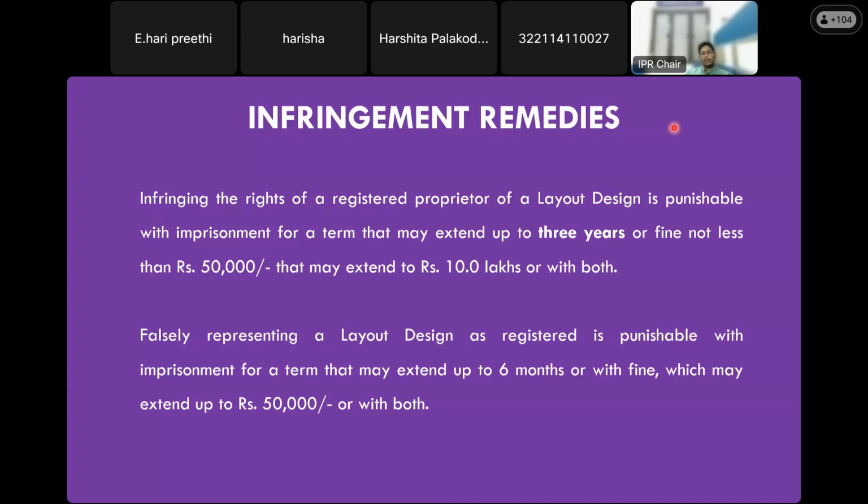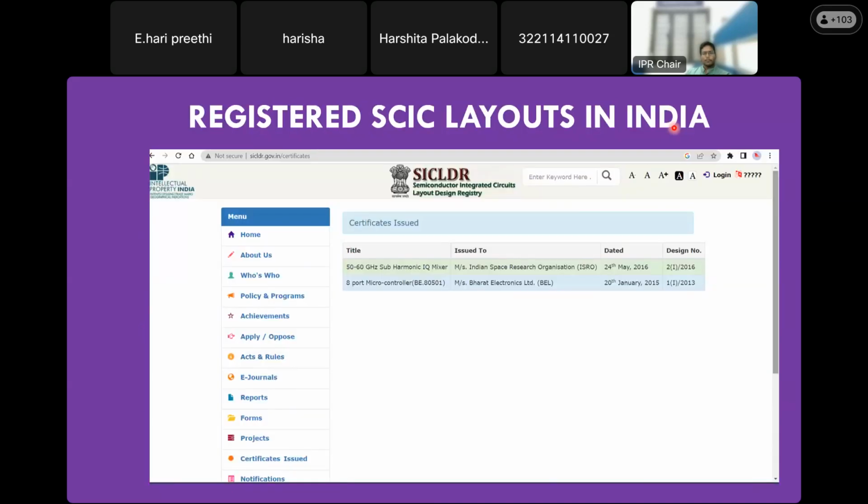Falsely representing a layout design as registered is punishable with imprisonment for a term that may extend up to 6 months, or with a fine that may extend up to 50,000 rupees, or with both. So if you represent that this is a registered layout design though it is not registered, that means you are falsely representing it. In that case also, the fine or punishment or both might be applicable.